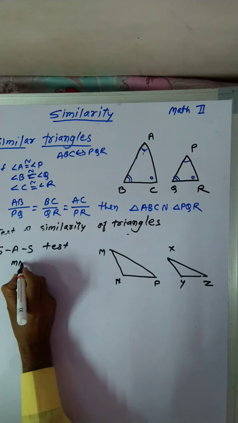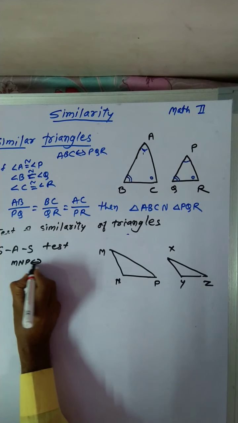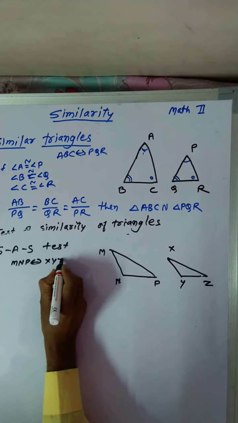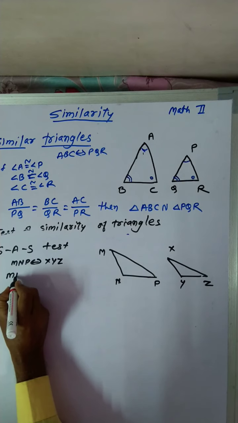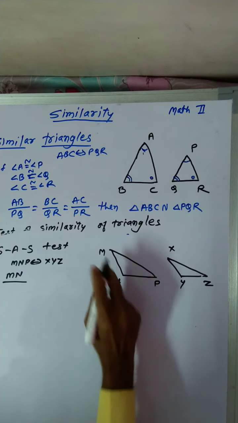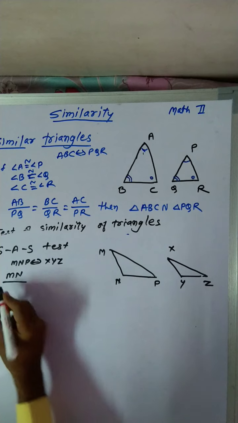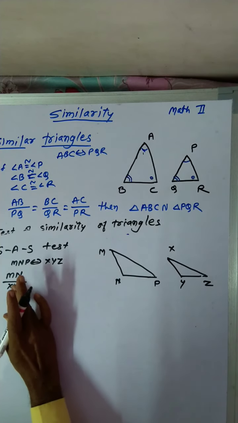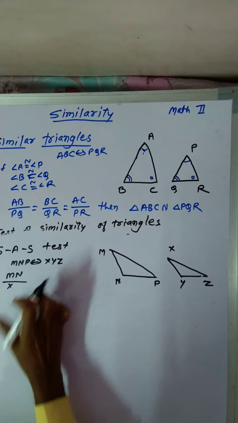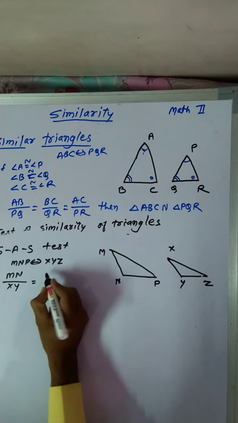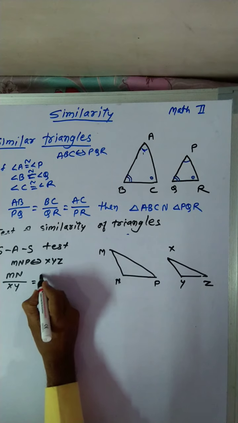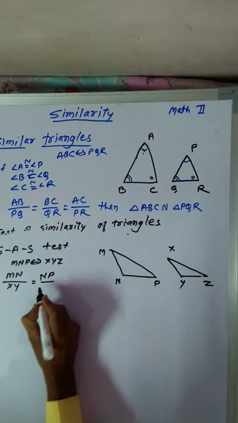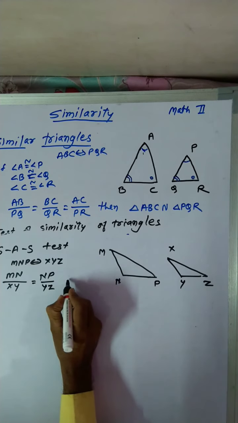The one-to-one correspondence is MNP with XYZ, and the ratio of MN and XY is equal to NP upon YZ is given.